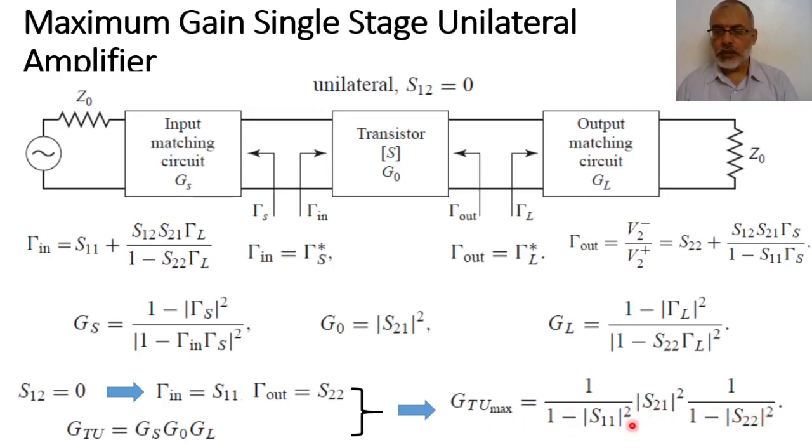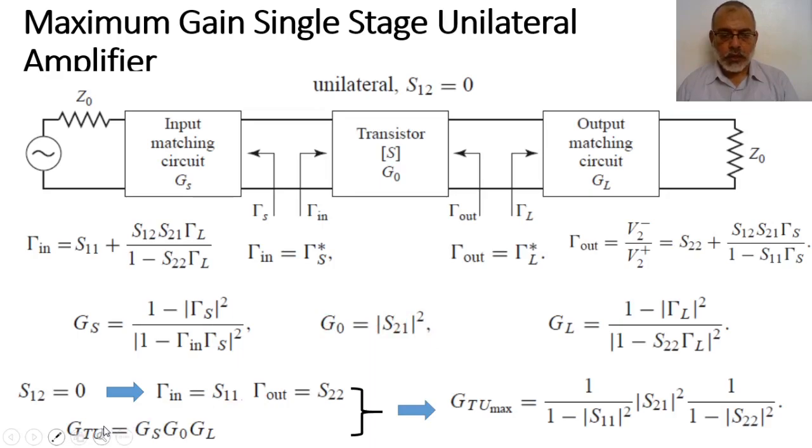So from this, we can say that the maximum unilateral gain is 1 over 1 minus S11 squared multiplied by the unilateral gain of the transistor, which is S21 squared.